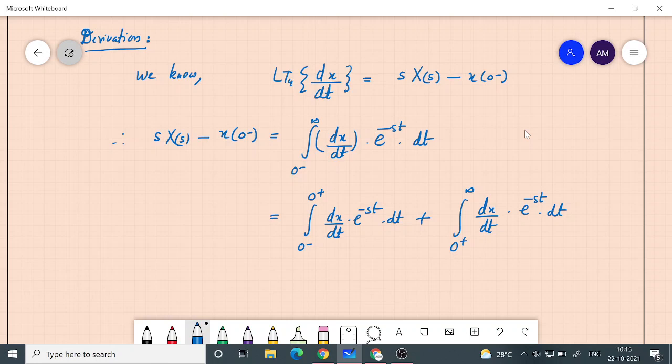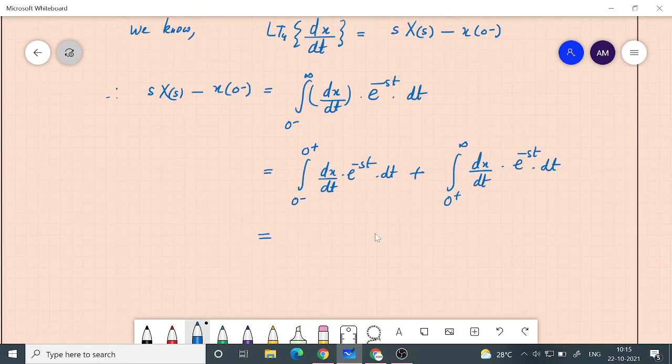Okay, so this is what we have. Now if you look at the first part, this is integration from 0 minus to 0 plus, where t is equal to 0, and therefore I can write it more appropriately as just dx by dt, and e raised to 0 is 1, so I can write it like this, and this term as before.